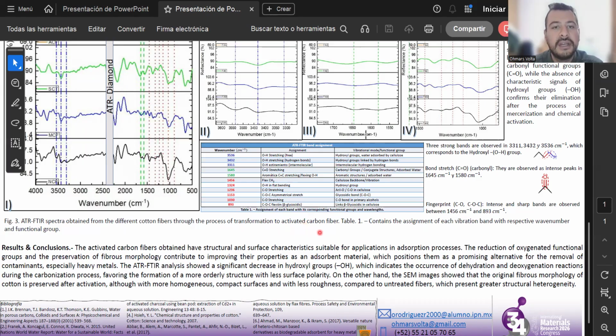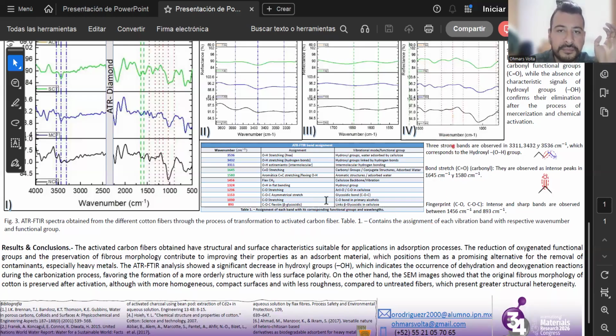These characteristics suggest that the activated carbon fiber derived from cotton fiber is a sustainable, low-cost, and efficient alternative for the removal of heavy metals, particularly in this case, lead.